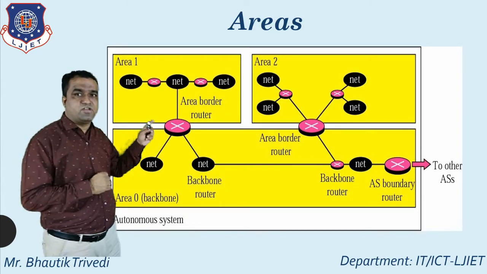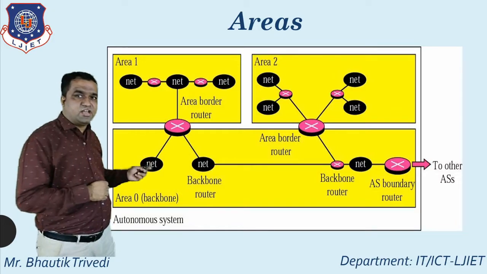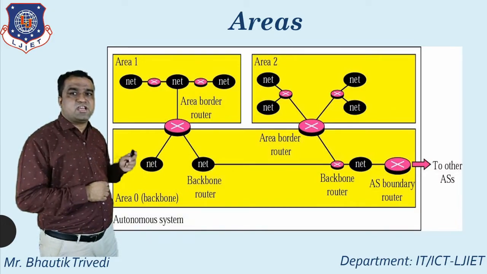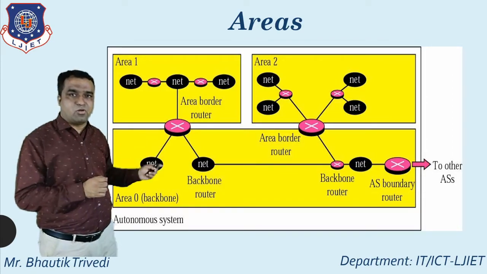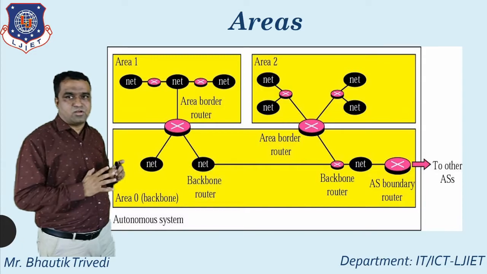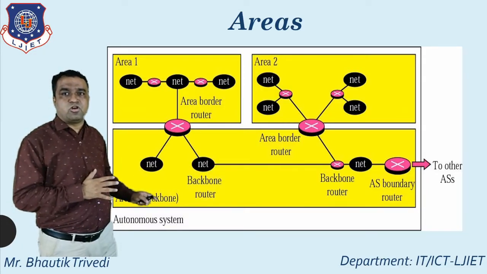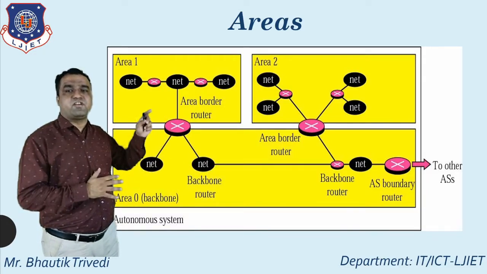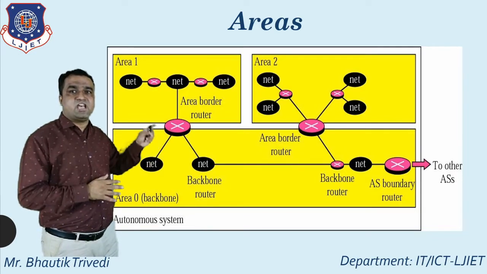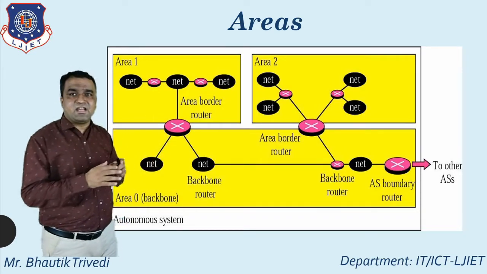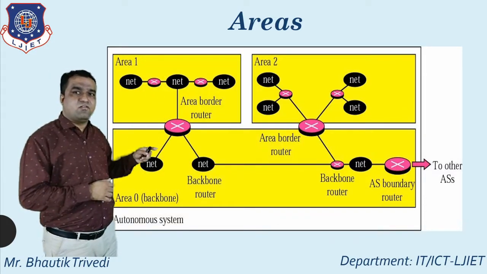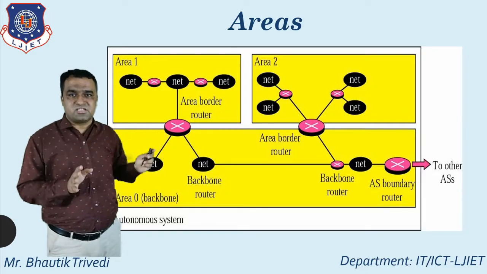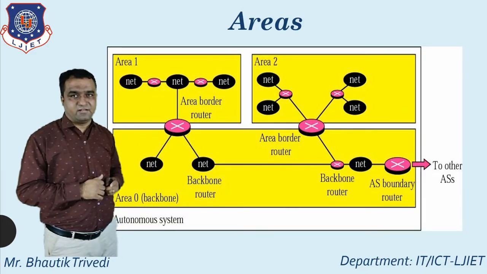Another important thing is the backbone router. Each and every area is connected to a backbone, and the backbone is supported by a router known as the backbone router. In this autonomous system divided into different areas, with the area border routers I can directly transmit the information from one area to another area and so on. So this is the diagram for that.